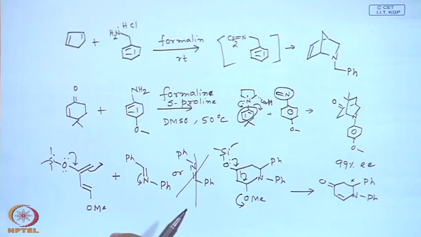Okay. And believe me or not, it took so many years to develop new reactions on the basis of this reaction, and again this is due to the Chinese group in this case.